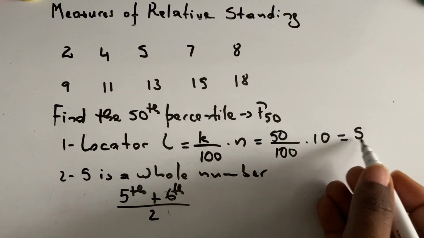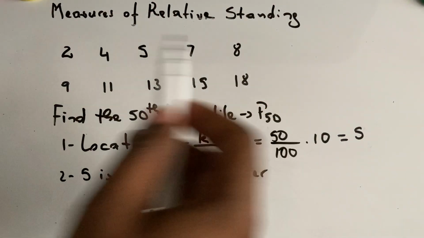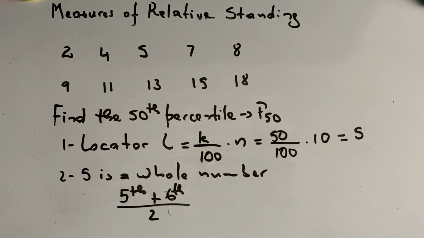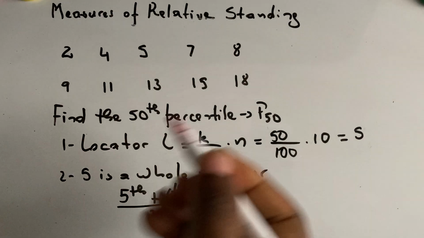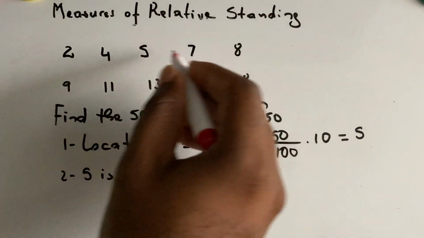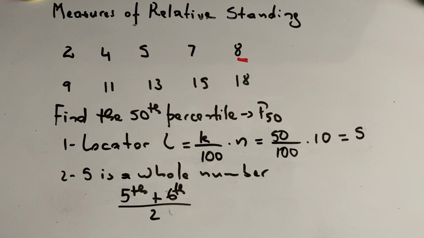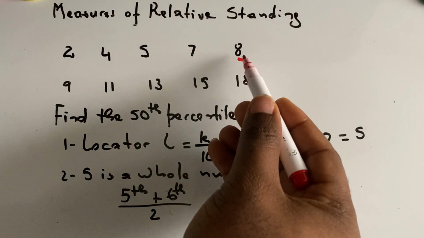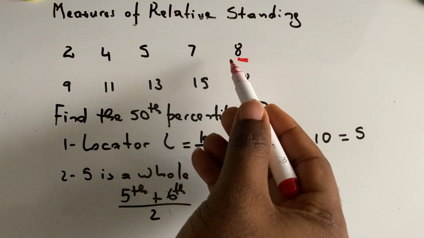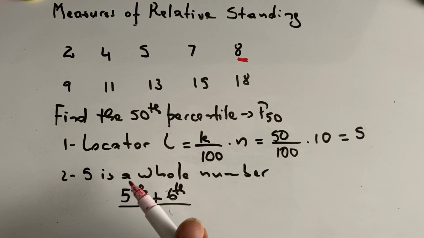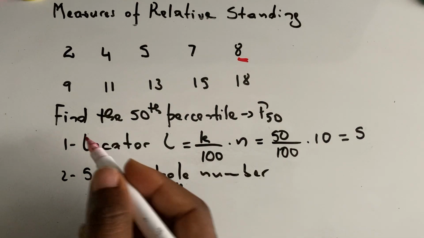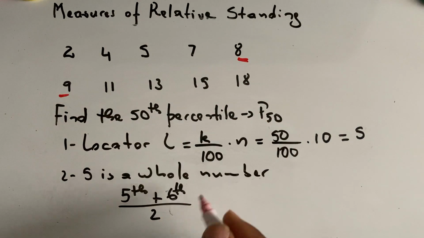So you get 5, which is location 5. Once you see 5, it tells you the location, not the number, but the location. So you count 1, 2, 3, 4, 5. I'm right here. So you take the fifth value and the next value, which is 9.